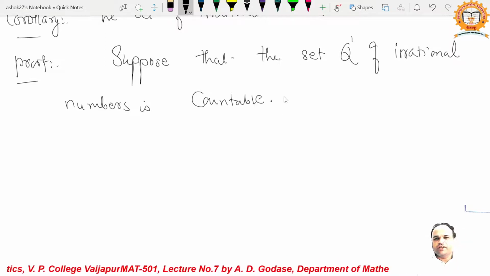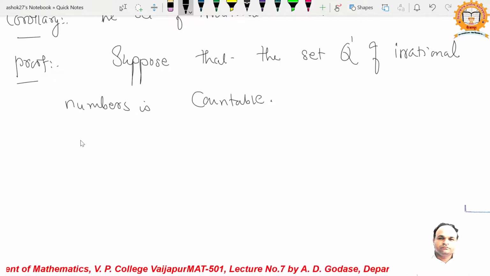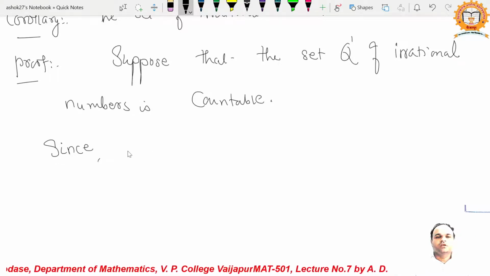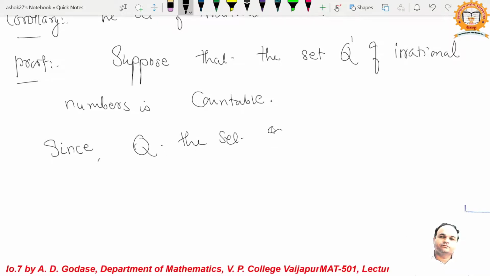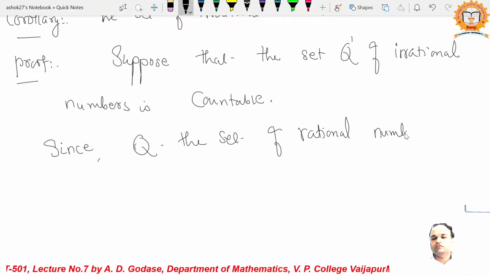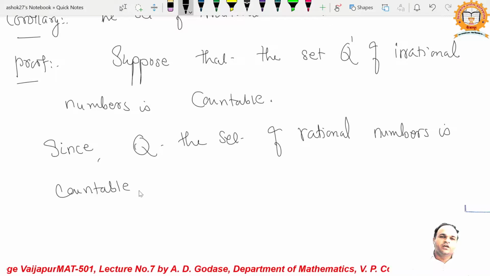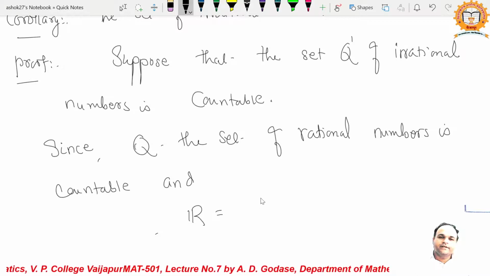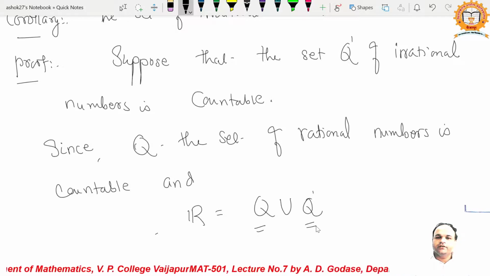Since Q dash is countable, and already we proved the set of rational numbers Q is countable, you write the set of real numbers as Q union Q dash, that is rationals union irrationals.